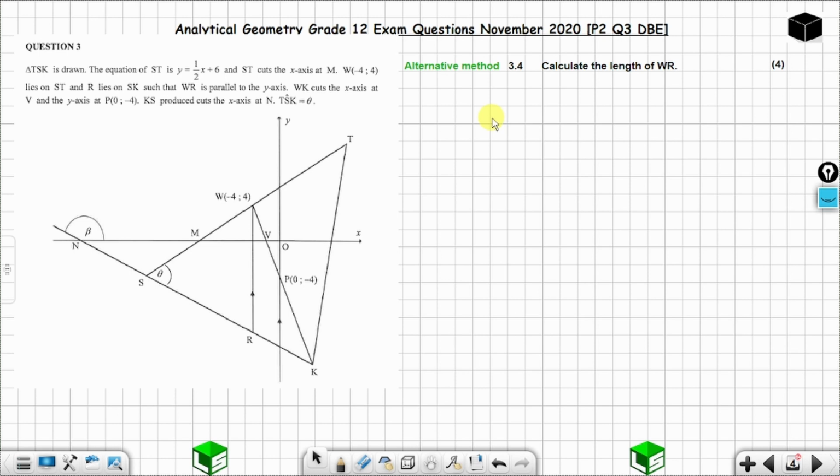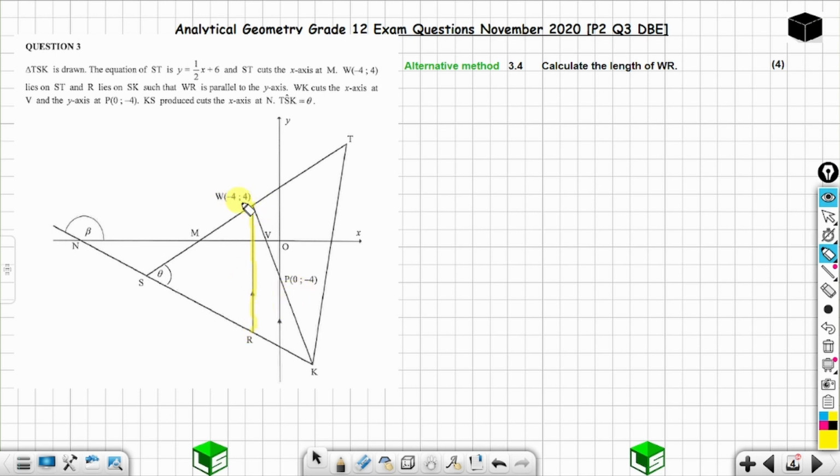So the question is calculate the length of WR. You can see WR. Let me get my highlighter. Let me use yellow. So you need to calculate this length.